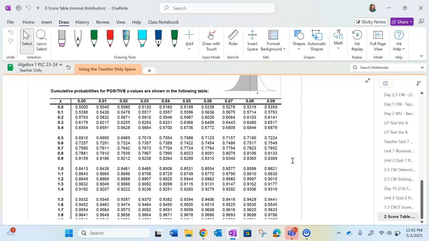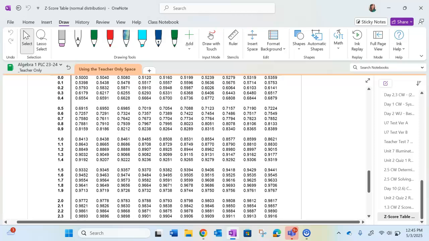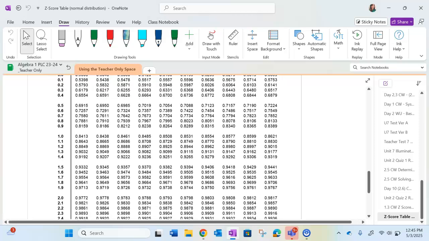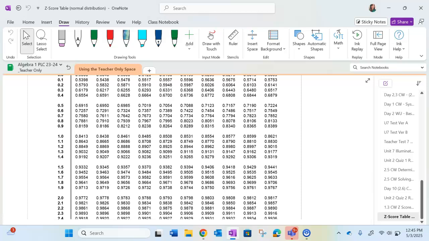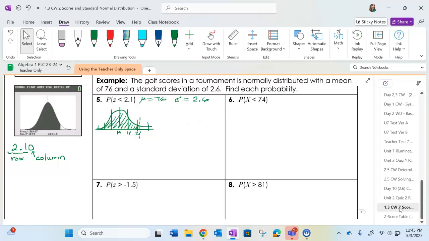So 0.01, 0.02. So we're looking for 2.10. So I know 0 is the first column. So I'm going to come down here to 2.1. Here's 2.1. And I know 0 is this first column. So the number I'm looking for is 0.9821, okay?